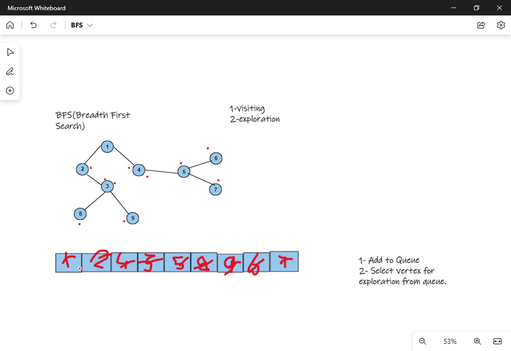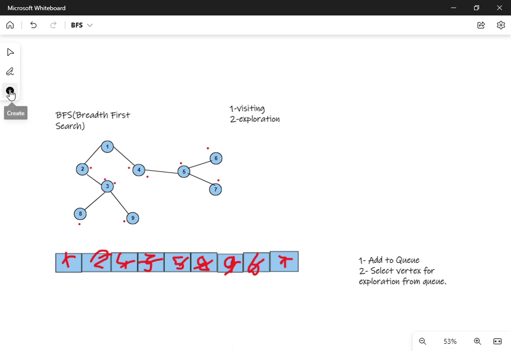It is known as the queue data structure box. Then we select a vertex for exploration from the queue. The selected vertices are 2 and 4 because for exploration we move towards the adjacent vertices of our selected vertex. So these are the two steps we have to follow in BFS.